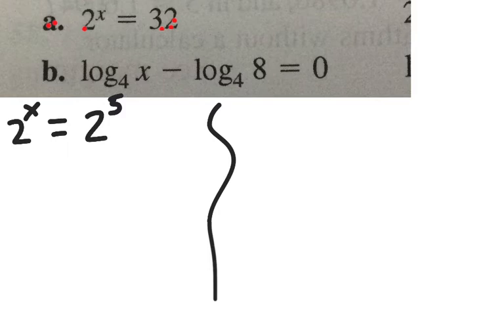So if the powers are equal and they have the same base, then what does that mean? That means the exponents have to be equal. As soon as I make those bases agree, I can basically drop the base and say the exponents must be equal to each other. So this says x equals 5. That's always the first way I want to try to solve these.